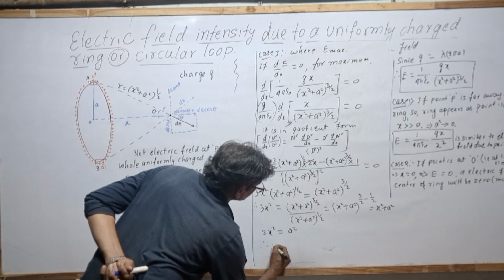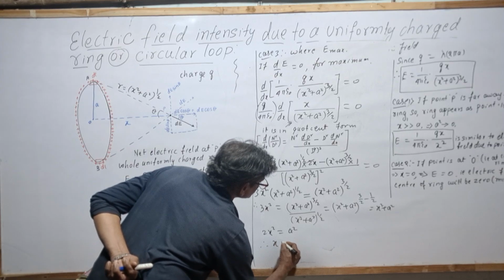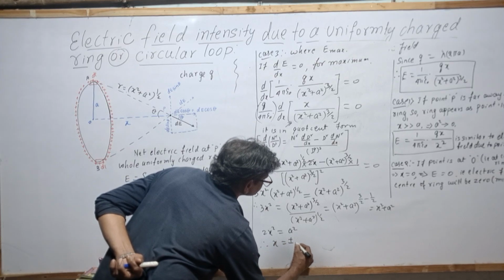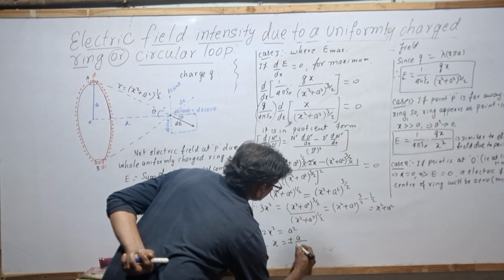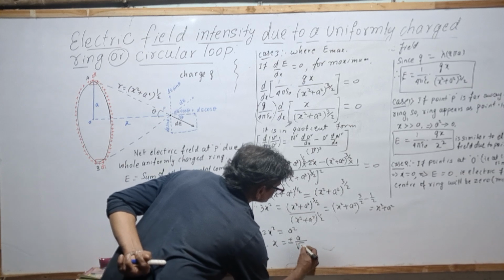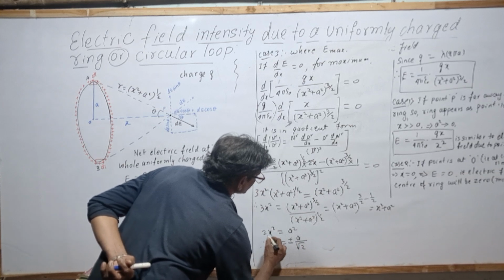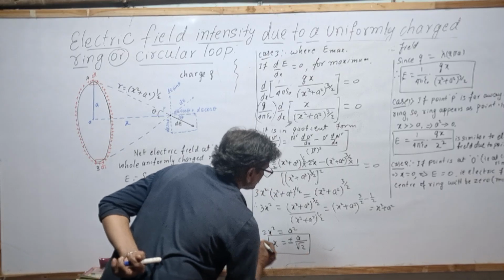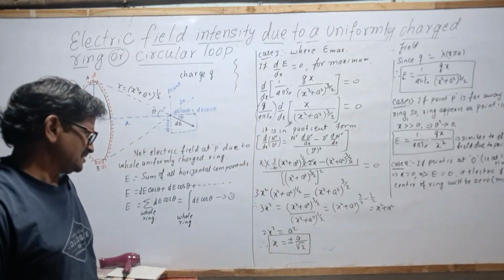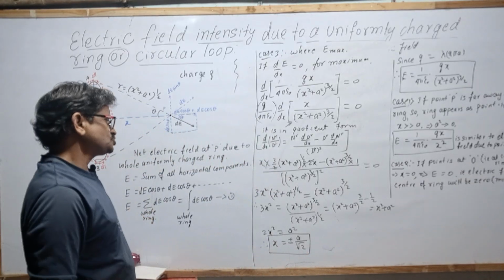Therefore x equal to plus or minus a divided by square root 2. This is the condition. But length cannot be negative here; the sign shows only direction.